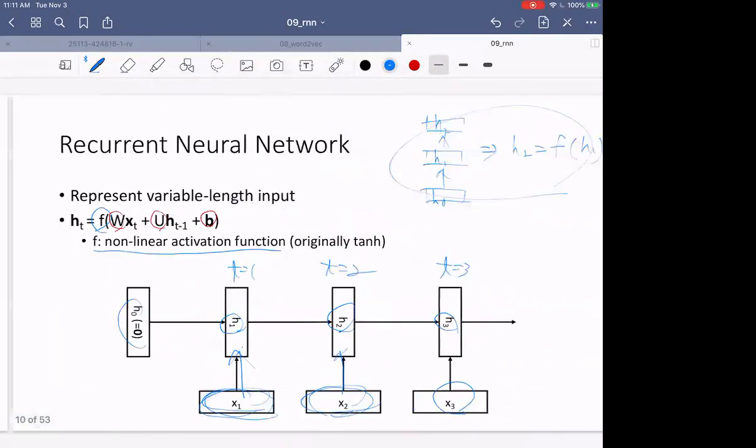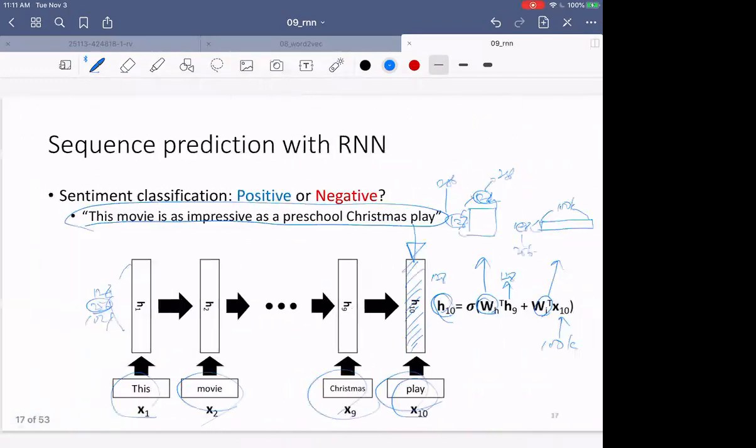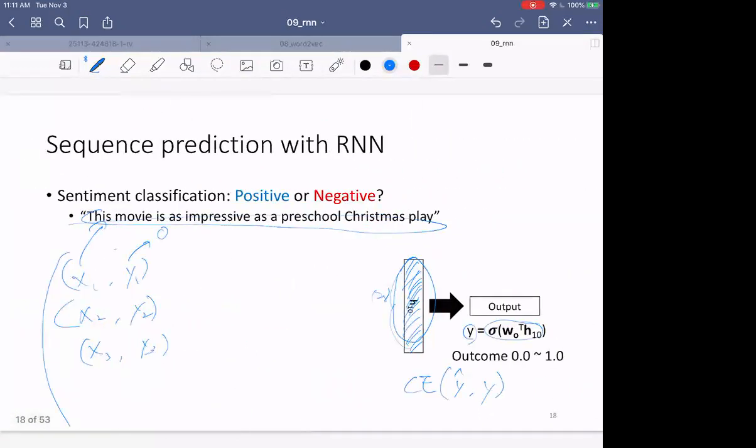For example, if Christmas was not in the vocabulary of this RNN, then this sentence will be transformed into this movie, blah blah blah, preschool, unk, and then play. Then the RNN can deal with this sentence, right? Unk, yeah, unk.